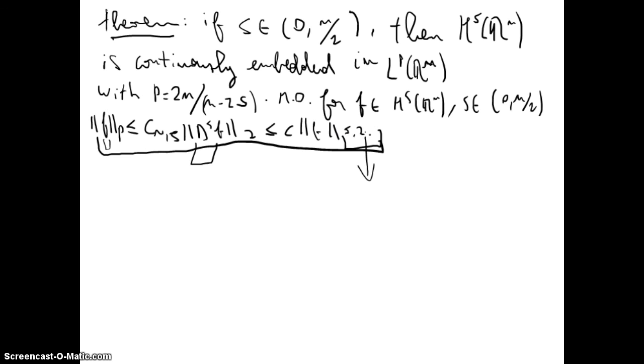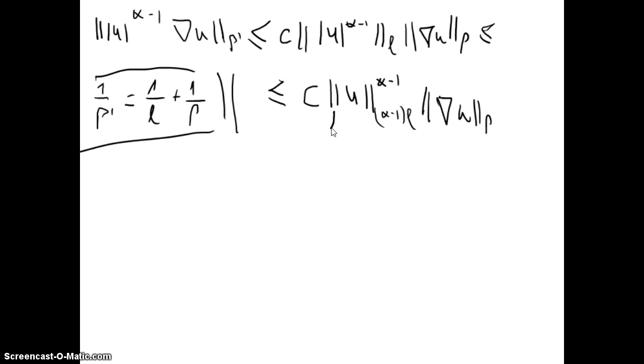So here we will have to bound this with the derivatives, the gradient, and we will obtain that this is less than or equal to a constant c multiplied by the gradient of u to the alpha in rho.